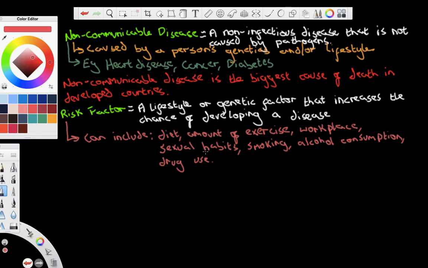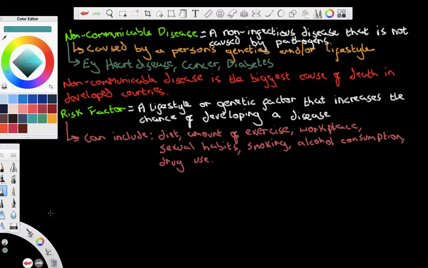Now, some non-communicable diseases might be caused by the interaction of a number of factors. So a number of these risk factors can work together to cause a particular disease.